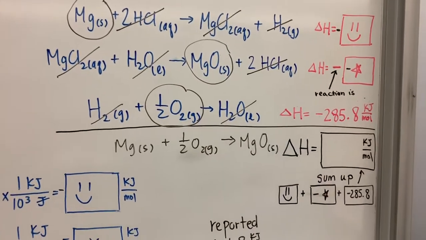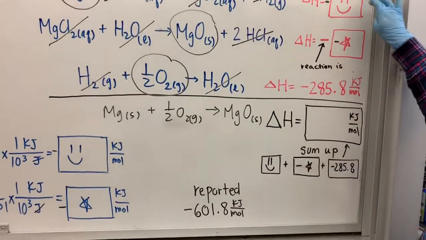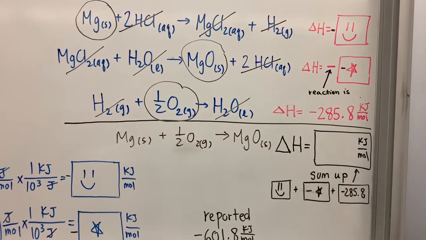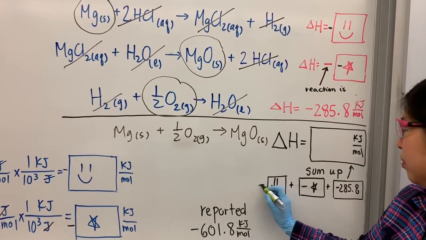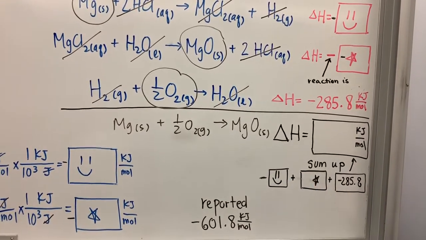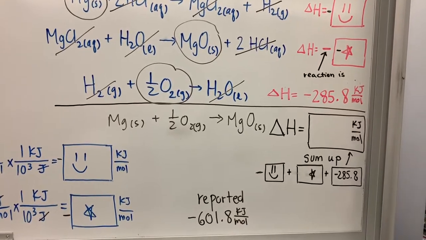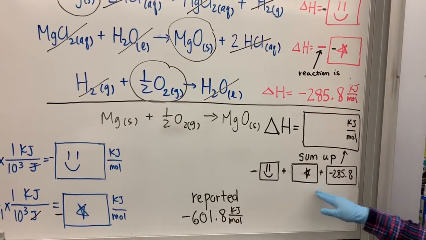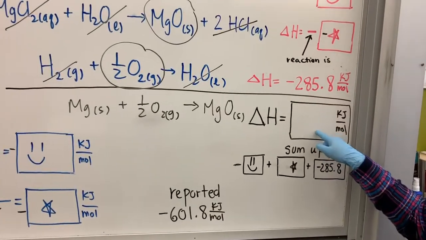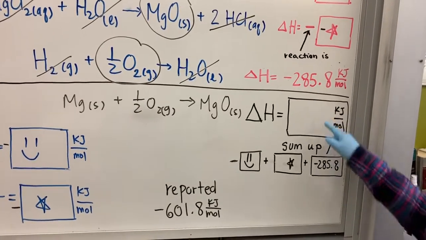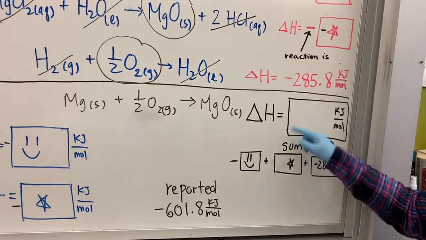Okay, and what we're going to do is just add this up. This number is negative, this number should be positive, and this number is negative. We're going to add up all of these numbers and write it here. This will get you delta H for this reaction.